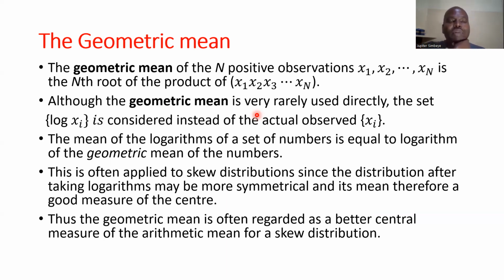Let me finish here by looking at the definition of the geometric mean. The geometric mean of n positive observations, x1, x2 up to xn, is the nth root of the product of x1, x2, x3 up to xn. So the nth root. Now, mostly we know the square root, which is like the 2 if n is equal to 2.